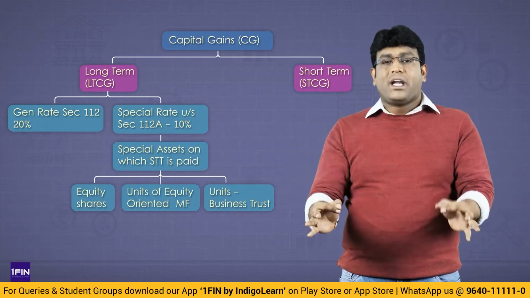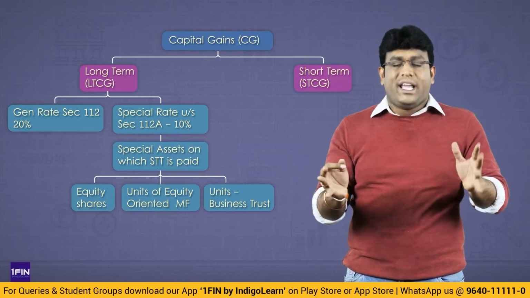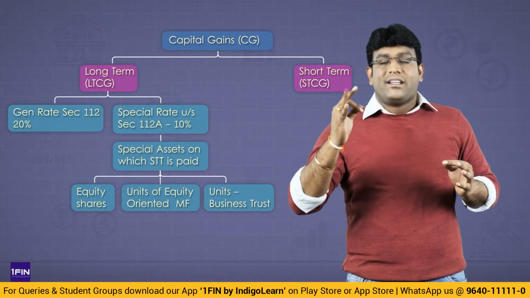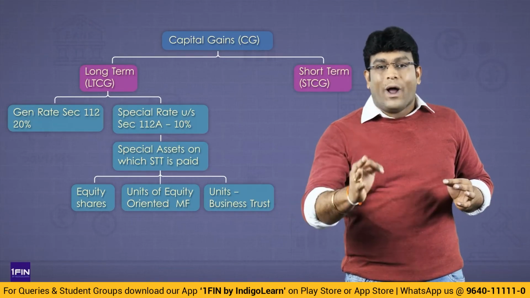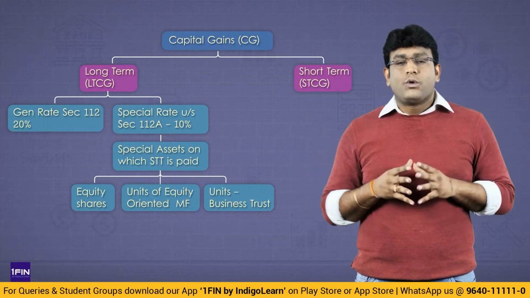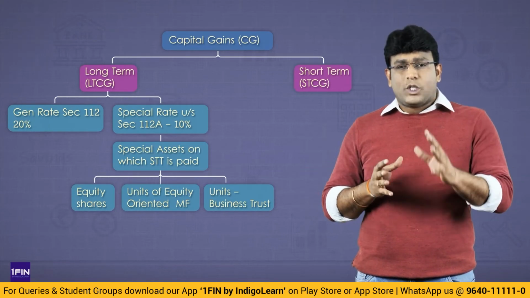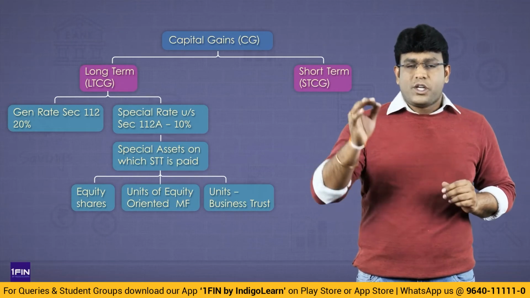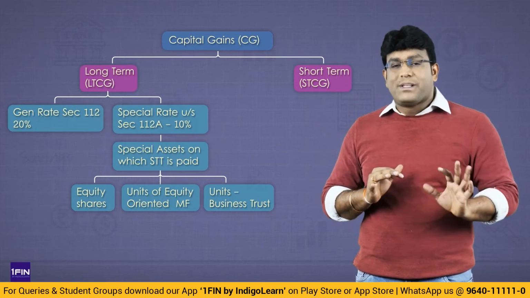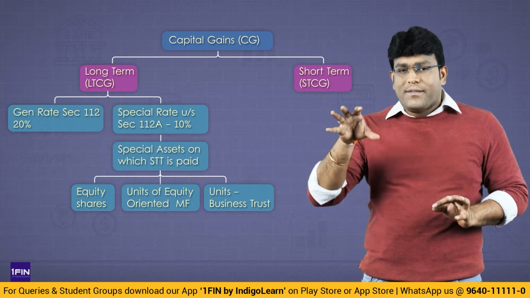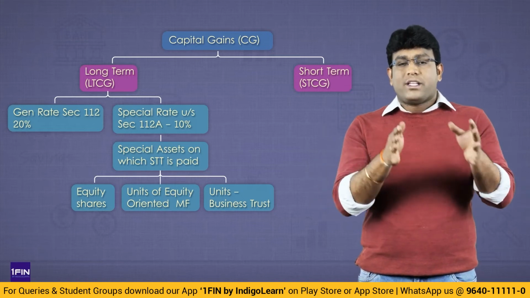Only in this particular special case will we tax at the rate of 10% on amount exceeding 1 lakh. So with respect to capital gains, the two sections we discussed now are section 112 and section 112A. 112A is very specific. So if something is not covered in 112A, then what will apply is 112.